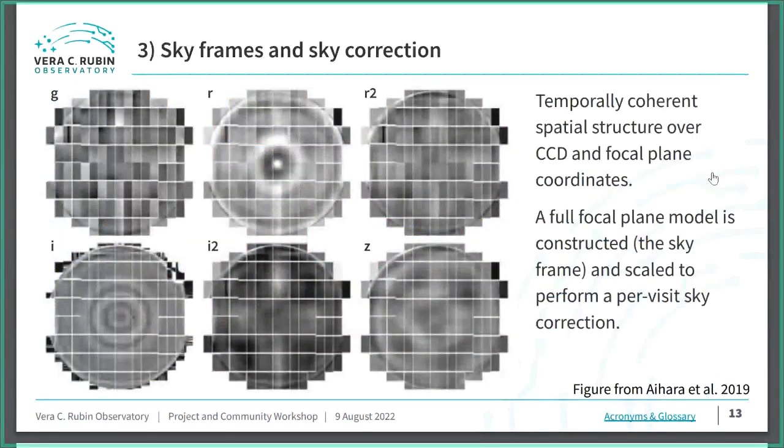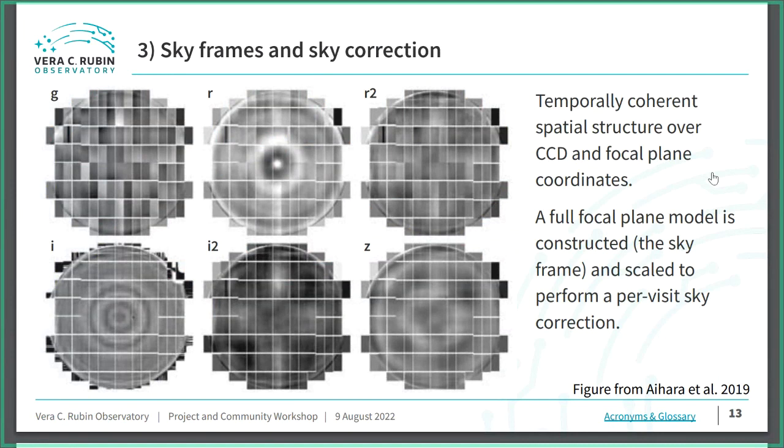Okay, so this is a figure from Ehara et al. 2019. Here's an example of the 6 different sky frames for HSC. This is what they look like. These are temporally coherent spatial structure, structure that doesn't change in focal plane coordinates. So this structure is larger than a detector, if you will. It spans the whole focal plane.